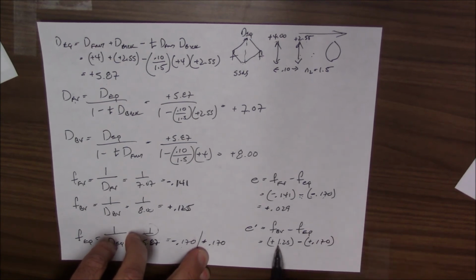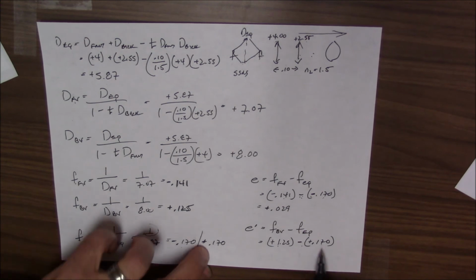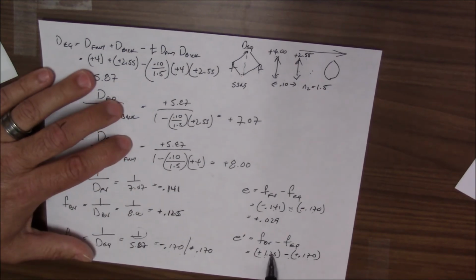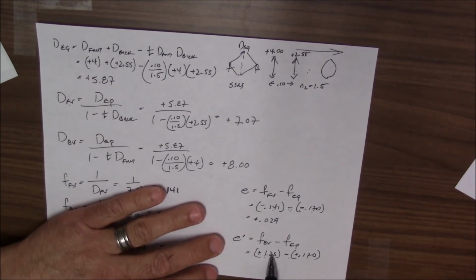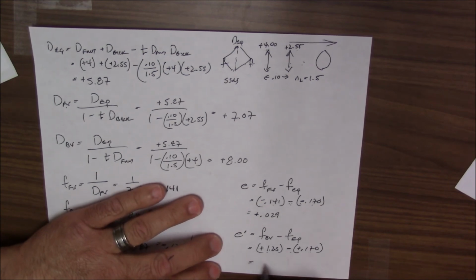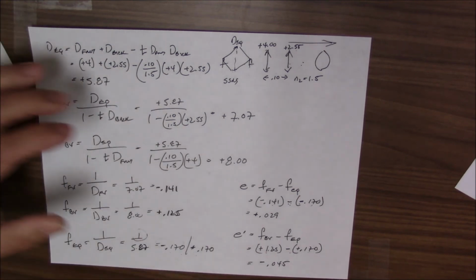So that's a plus minus this value here. This guy's bigger than this one, and so in this case we're going to have a negative value. All right, so this is going to be a negative 0.045. So 4.5 centimeters here.